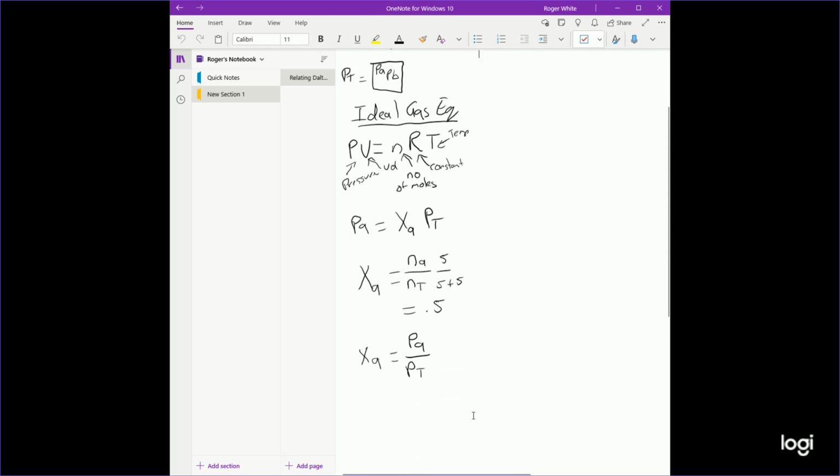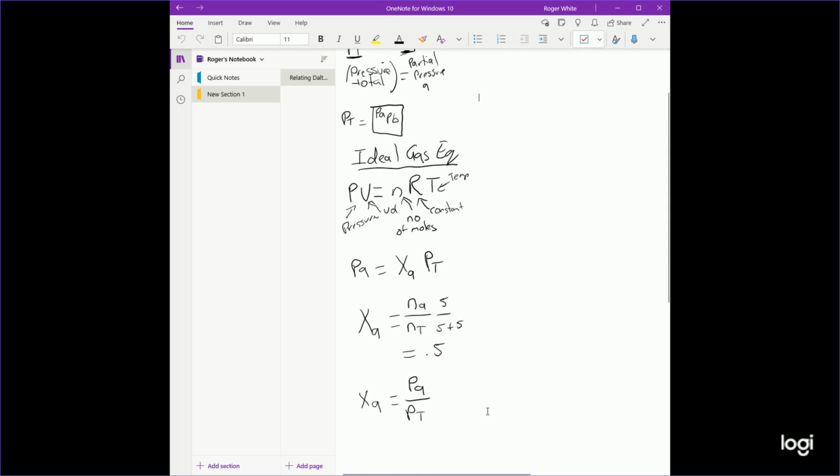So you've got the mole fraction of A equals the pressure of A divided by the pressure total. Alright, so feel free to go through those equations in your head a little bit more and know how they are formulated.